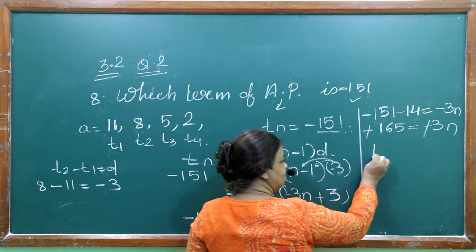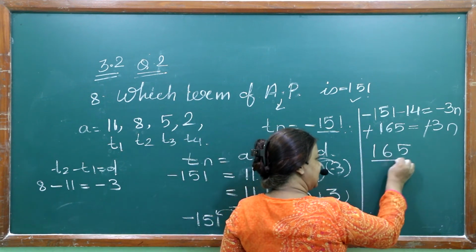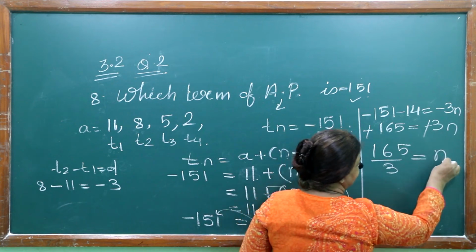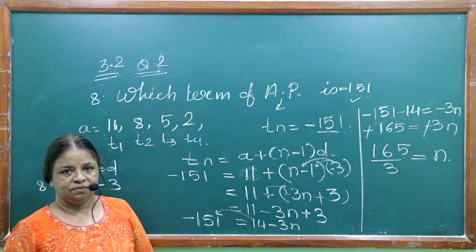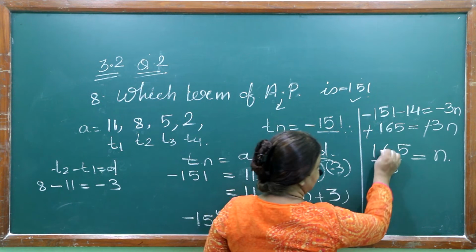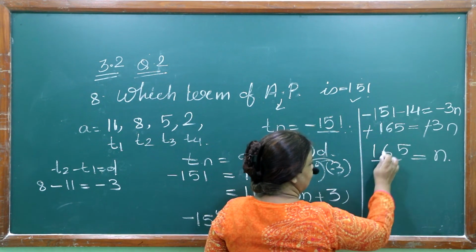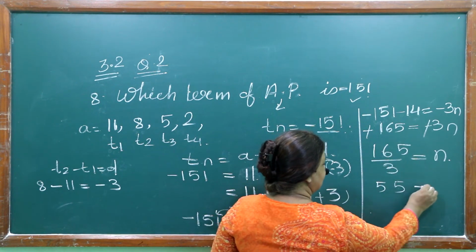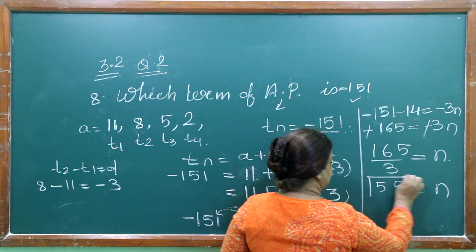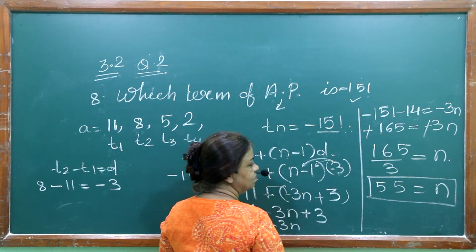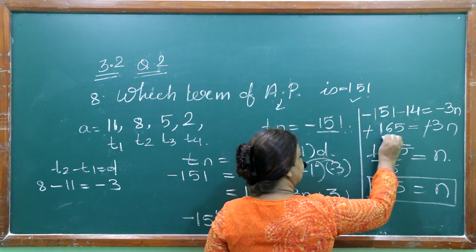We have to divide 165 by 3. Yes children, you all divide it and give me. 3 5s are 15, 1 carry here, 3 5s are 15, n is equal to 55. So the 55th term, if I divide it, 55.